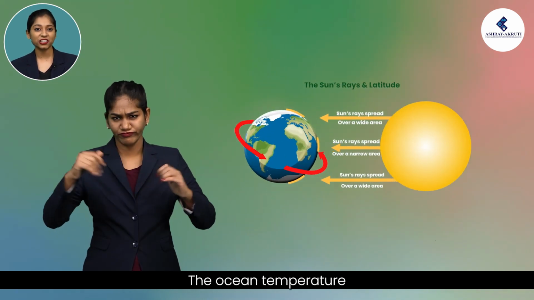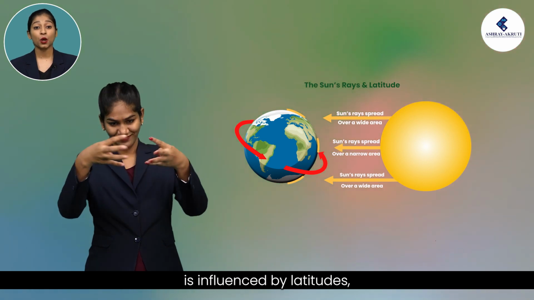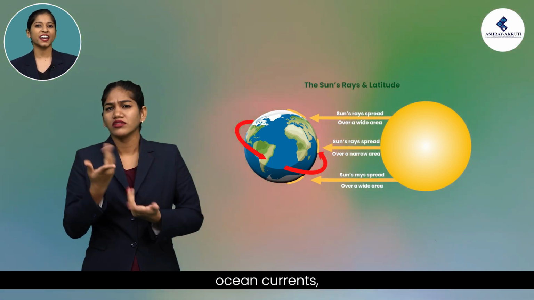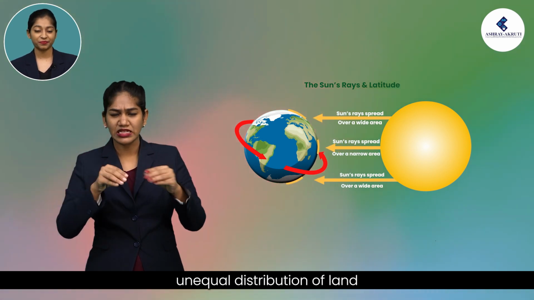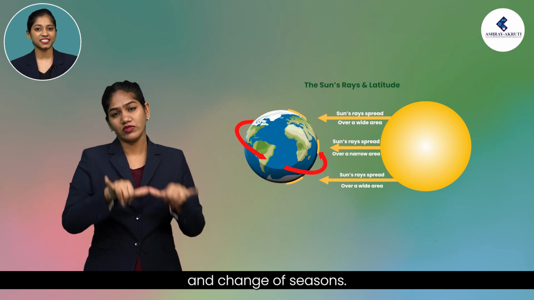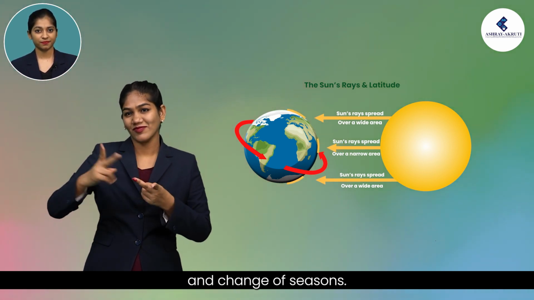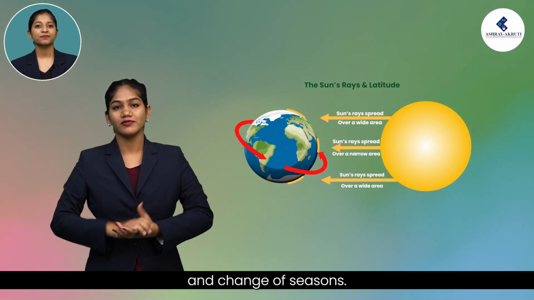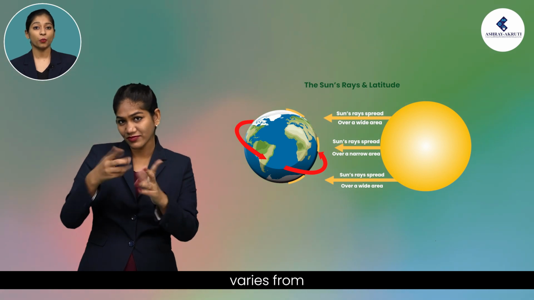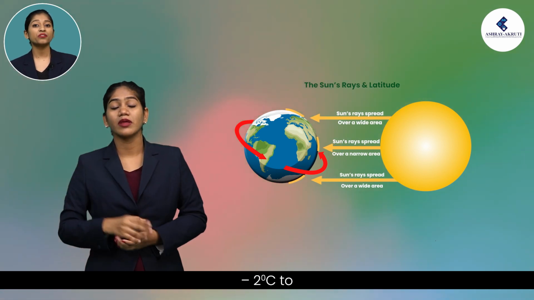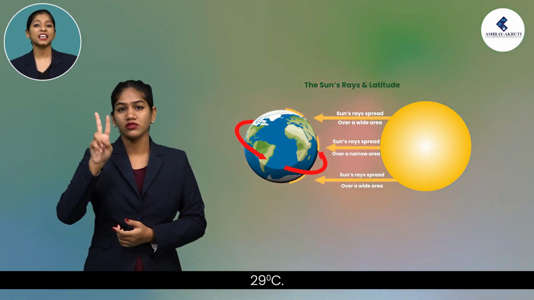The ocean temperature is influenced by latitudes, winds, ocean currents, unequal distribution of land, and change of seasons. Normally, the temperature in the oceans varies from -2 degrees Celsius to 29 degrees Celsius.